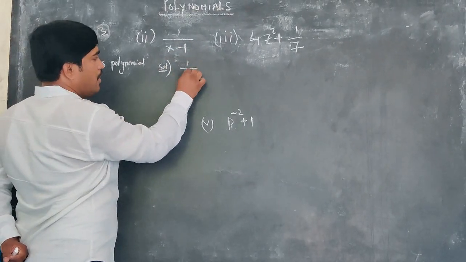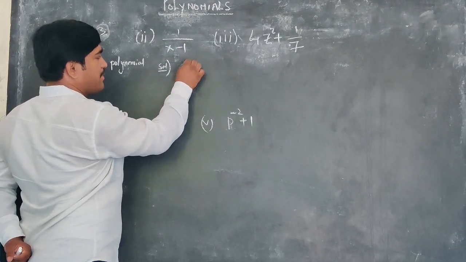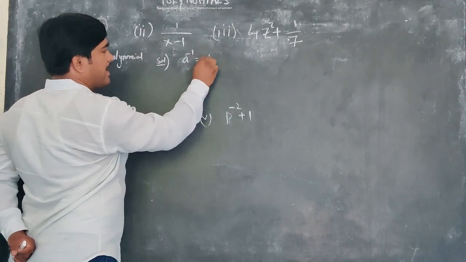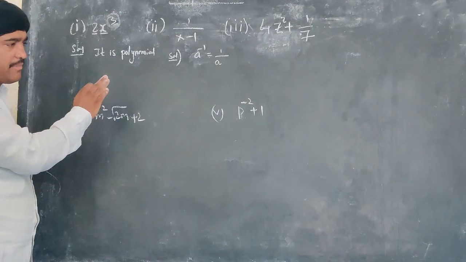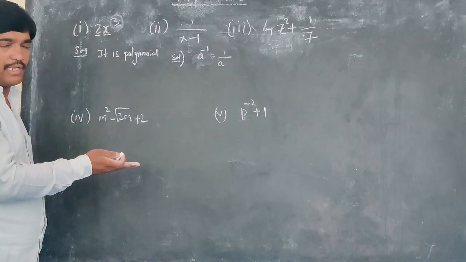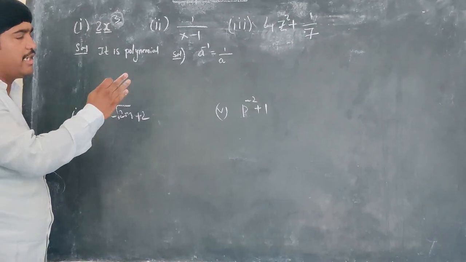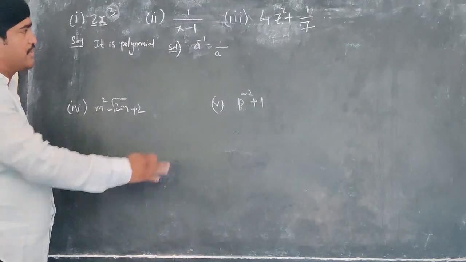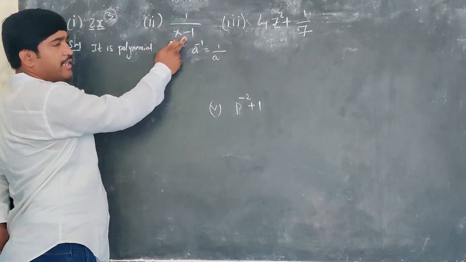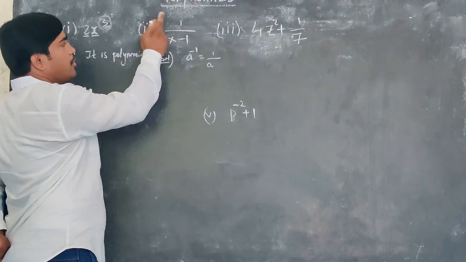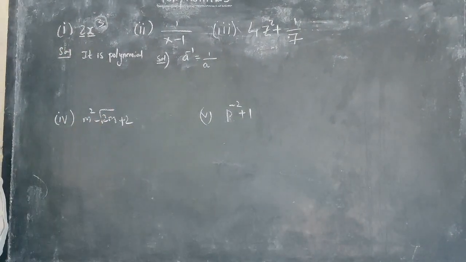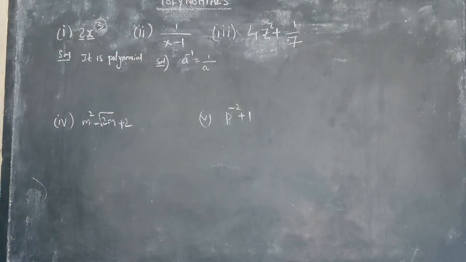In general we know, as we previously learned, a to the power of minus 1 is nothing but 1 by a. If any term is moved from numerator to denominator or denominator to numerator, the sign of its power changes. Now how can I write this one?